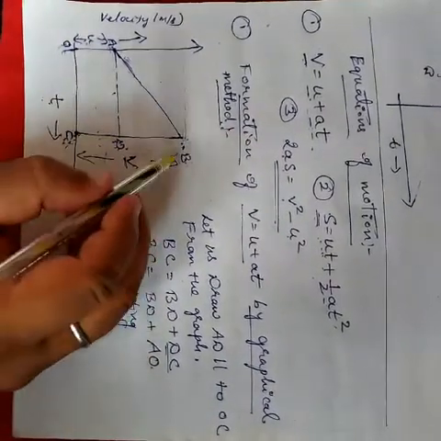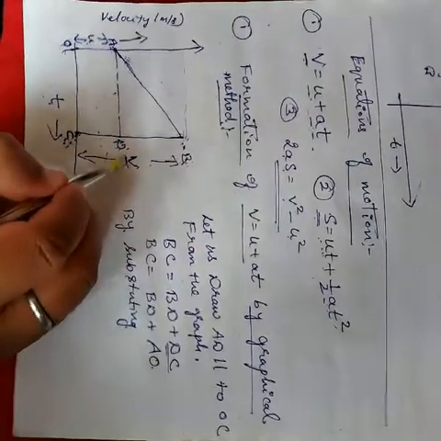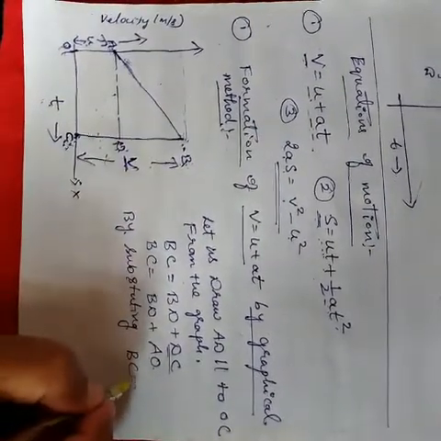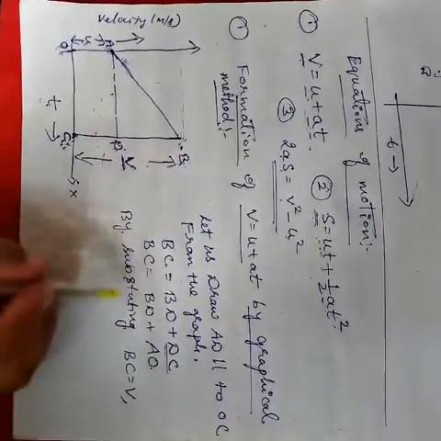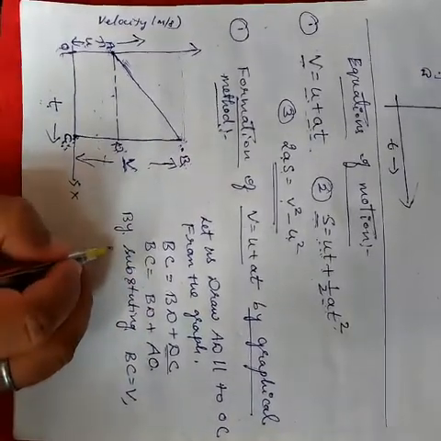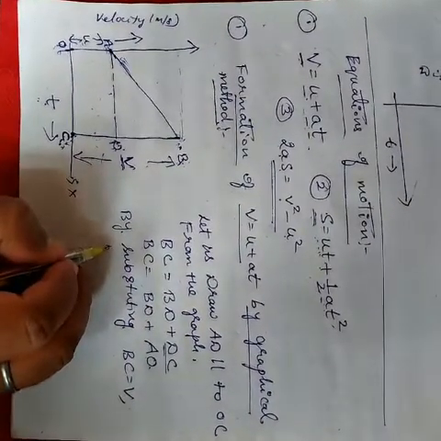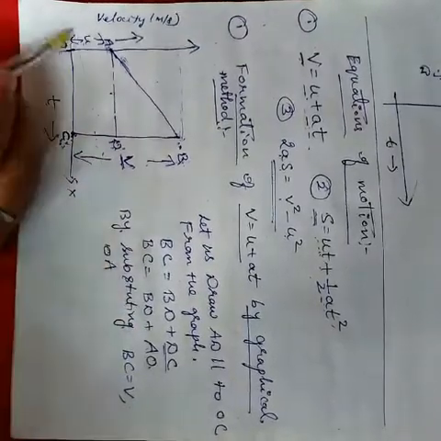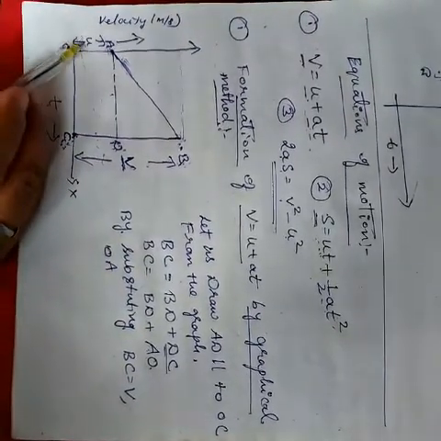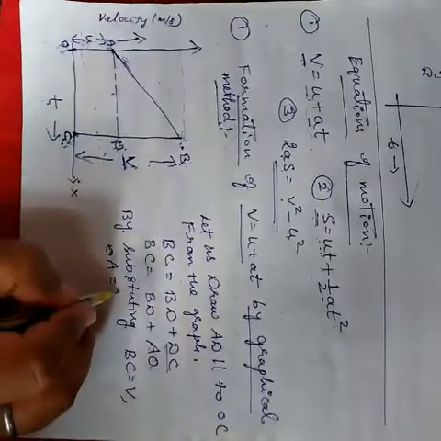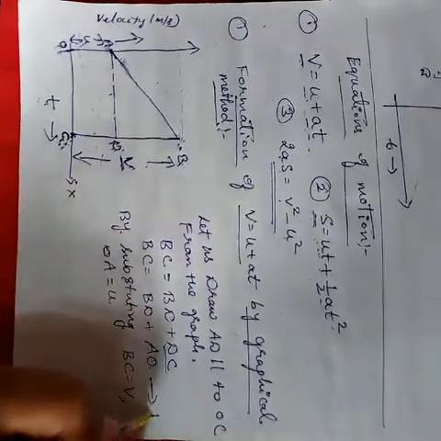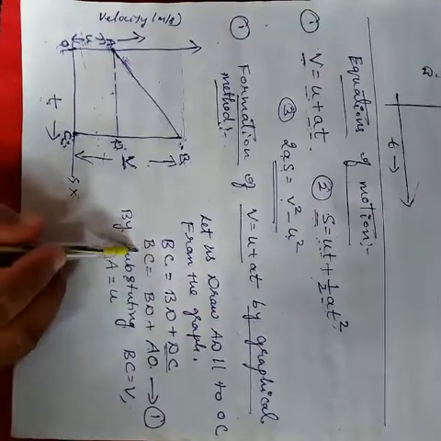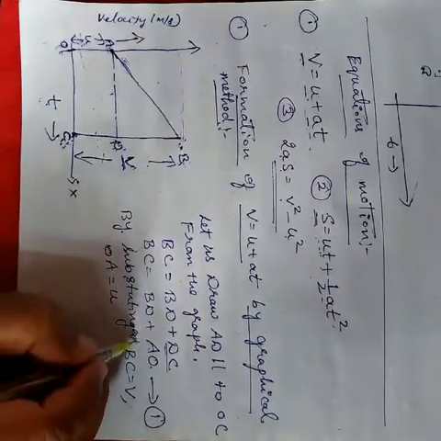What is BC? BC means V, the final velocity. BC means V. And OA, or AO, is the initial velocity. This one is equation number 1. Now we substitute in equation number 1.